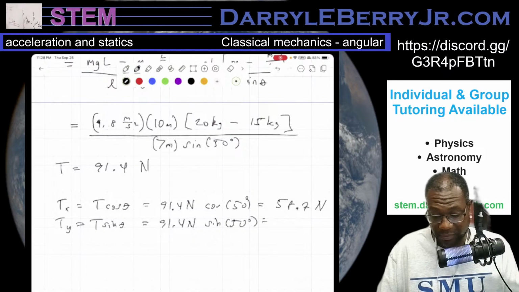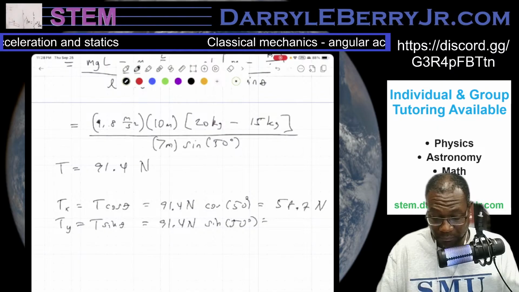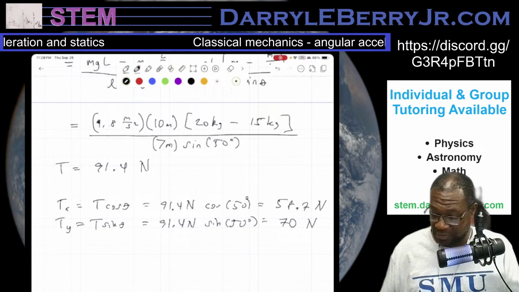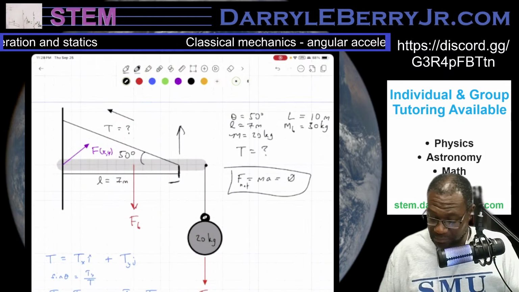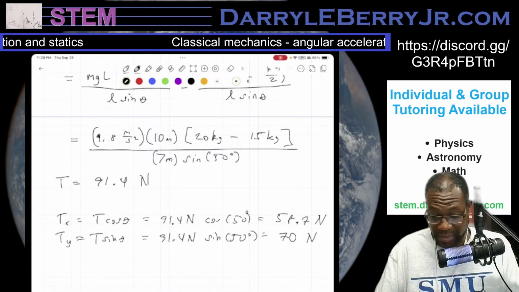So that equals 70 newtons. So 70 newtons are going up and 58.7 is going out.